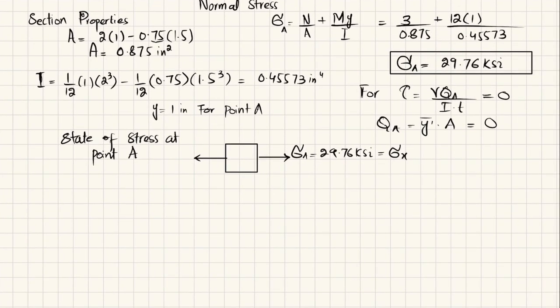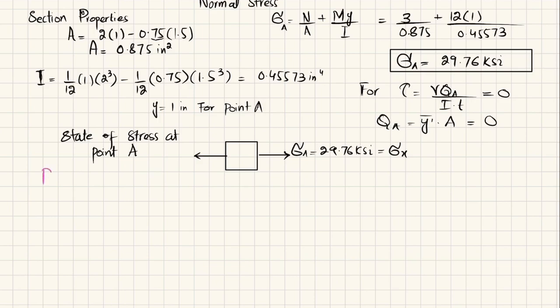Now we'll find the principal stresses. Here we have sigma X is 29.76 KSI, sigma Y is equal to 0, and tau of XY is also 0.